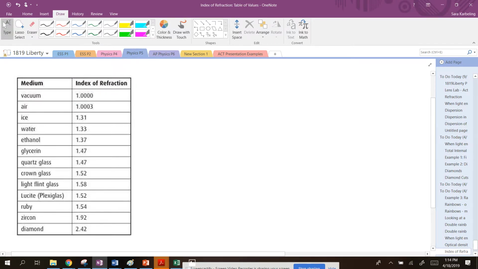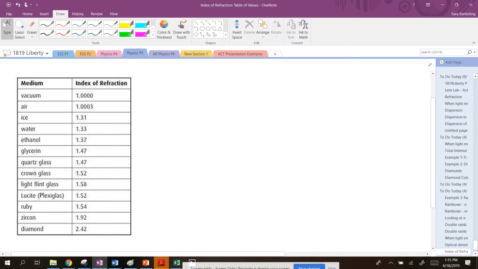You have a chart that looks something like this in your book. It just shows some indices of refraction of different kinds of materials. Take a look at this and see if you can see any patterns or anything interesting. You notice anything interesting?